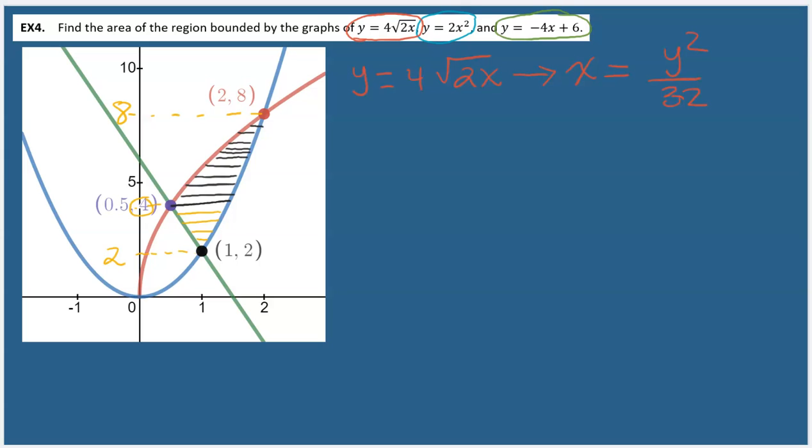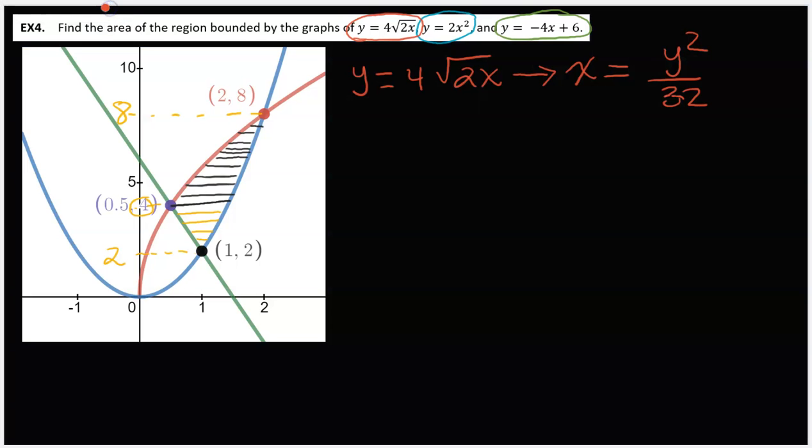Now for the function in blue, which I cannot write in blue because my screen is blue, so let me change the screen background. Let's get the screen to be black, and now I can write in blue. y is equal to 2x squared. If you solve for x, you get plus or minus square root of y over 2.